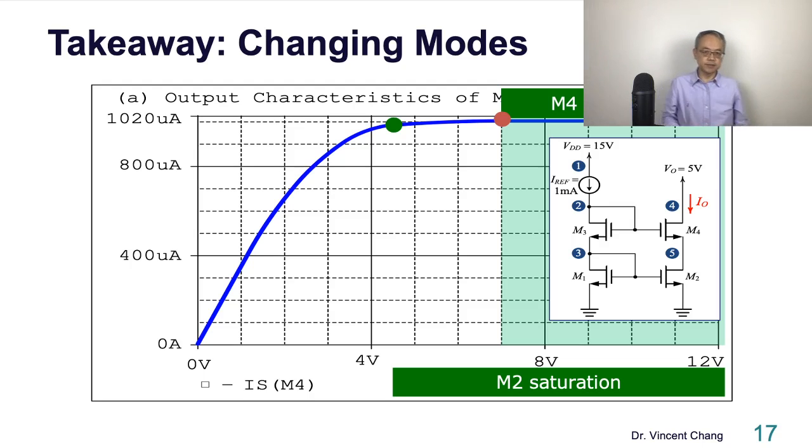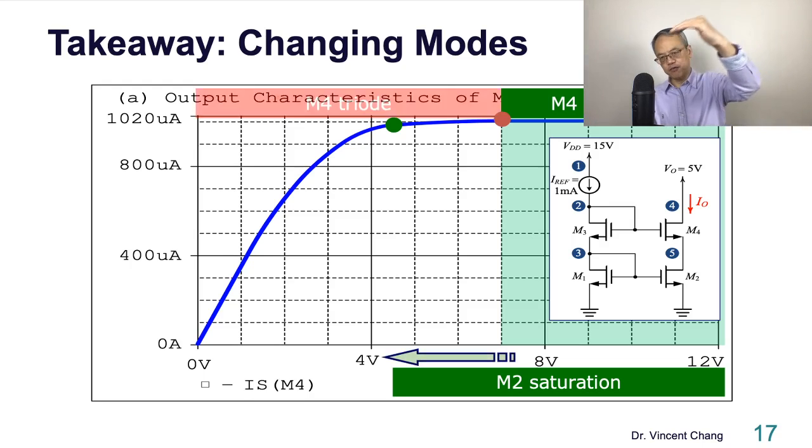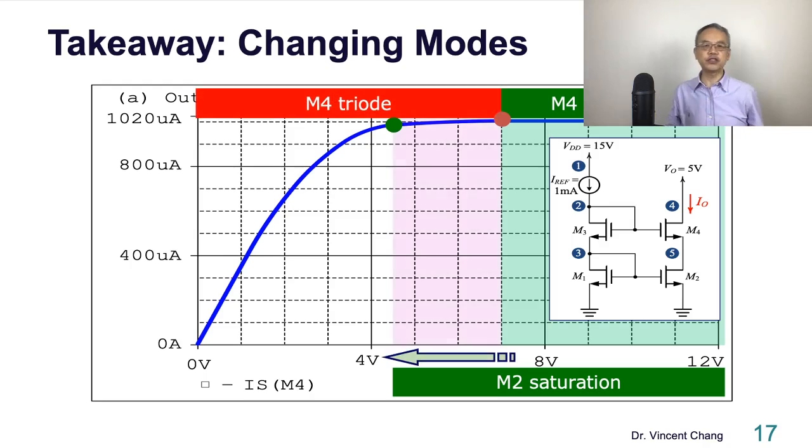In this case, 3 regions. The first one, both in saturation, and then M4 enters triode first, M2 stays in saturation, and then on the left, both transistors enter the triode region.